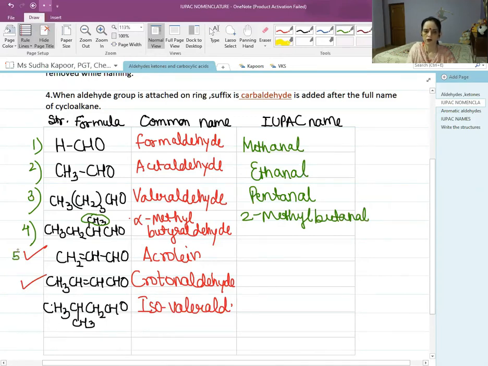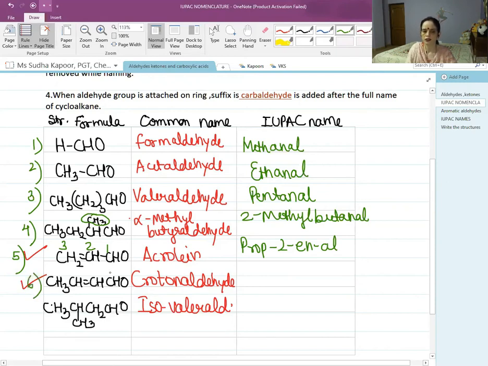Now in the fifth one, which we called as acrolein, the numbering will start from the CHO part, 1, 2, 3. The second is ene. So we will call it as prop-2-enal. You can call it as 1-al or simply al. For one, it is not necessary to mention.